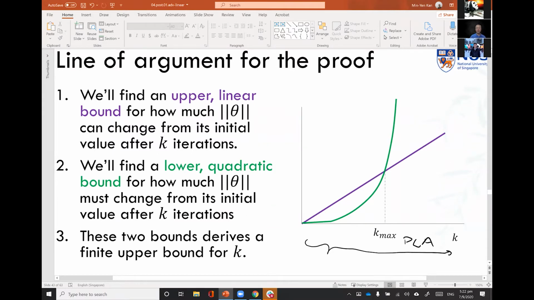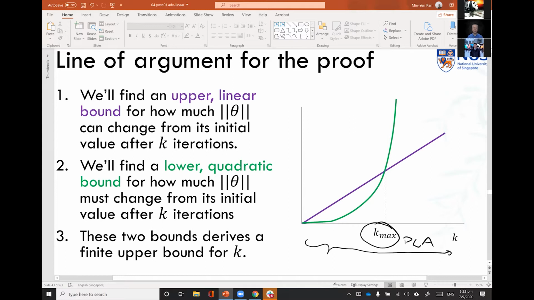We want to say that at some point in the future, starting out with a simple hyperplane that's flat and going through the origin, having all weights 0, I'm going to emerge victorious by finding a linear separating hyperplane. And so what I want to do is define this K max, the maximum number of iterations that is necessary for getting an answer.